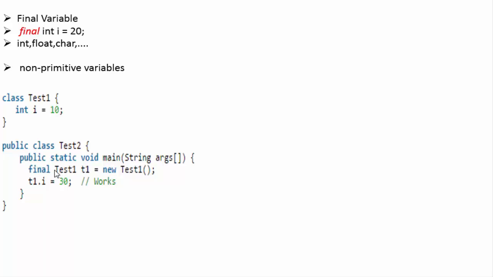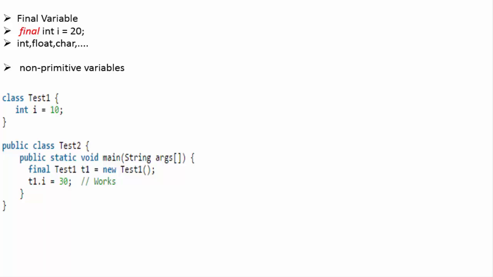So this means that the variable will never refer to any other object. That is, it will always refer to T1, although members of the referred object can be changed by a set of operations, but final will always refer to the same object. So that was about the final variables in context of primitive and non-primitive variables.